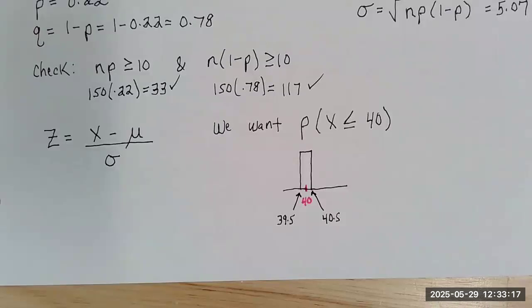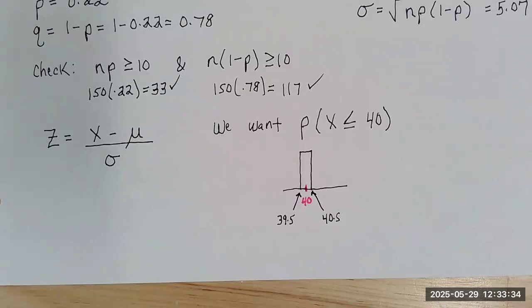Because this says we want P to be less than or equal to that 40, I want to include the 40 in the number. So if I added 0.5, I'd be over here at 40.5.